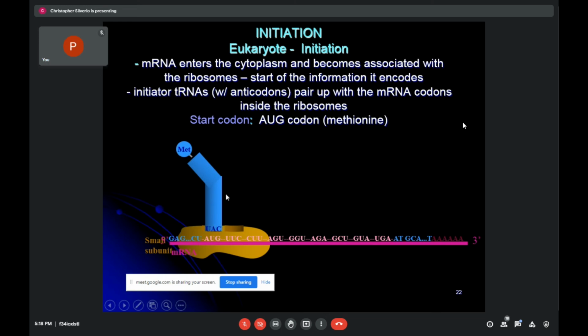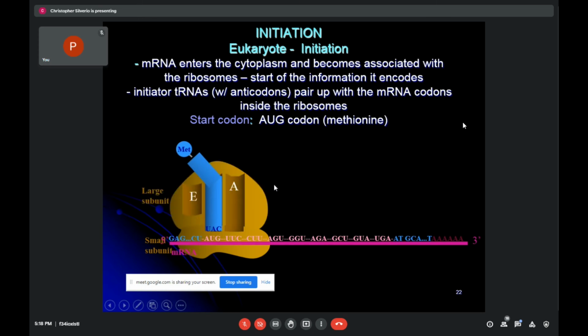And the other one is the large subunit of the ribosomal RNA, where the transfer RNA is bound. What are the binding sites of this large ribosomal subunit?